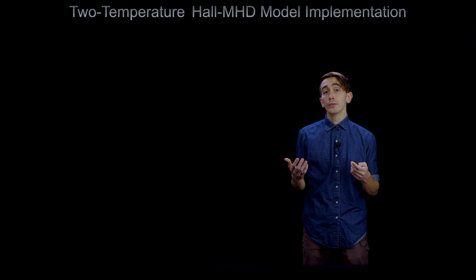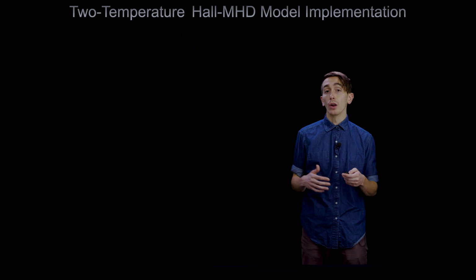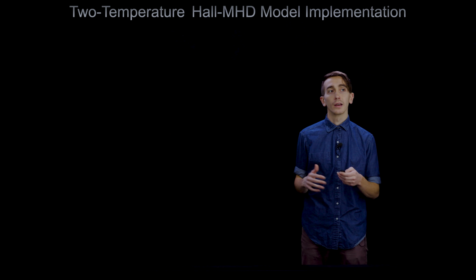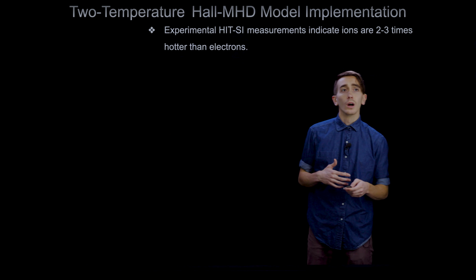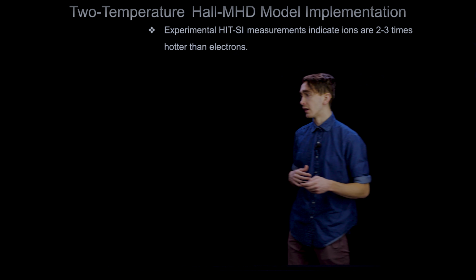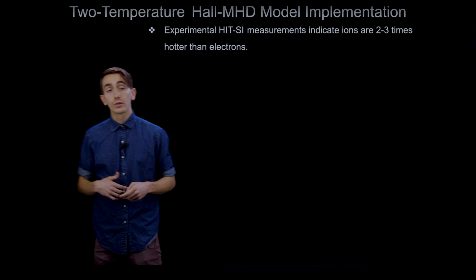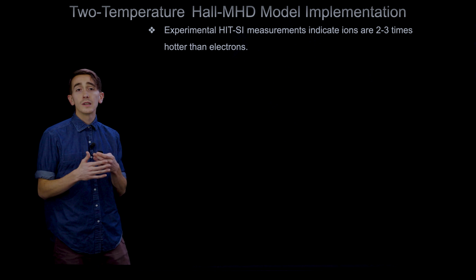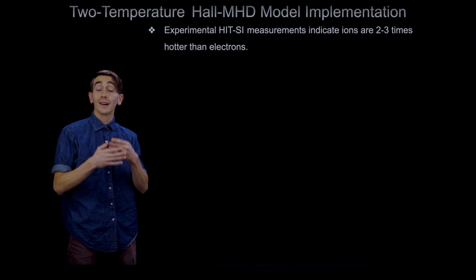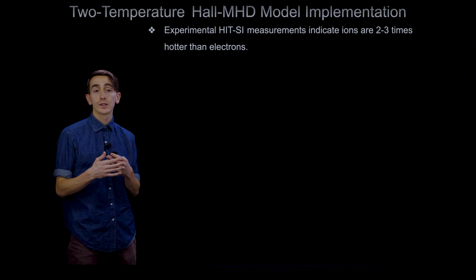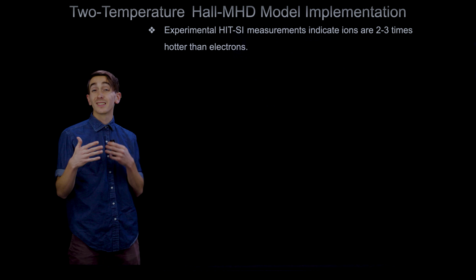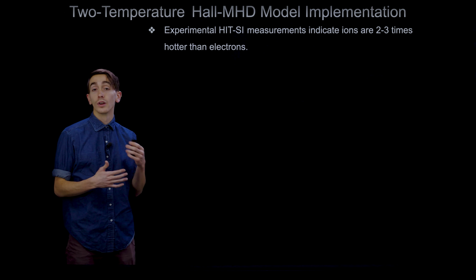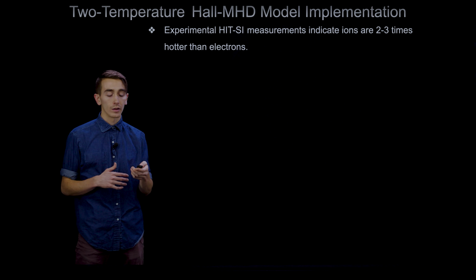So let's briefly go over what the two-temperature Hall-MHD model is, and then I'll show you what HIT-SI looks like. Experimental HIT-SI measurements indicate the ions are 2 to 3 times hotter than the electrons. What this means is that if you're evolving a single temperature evolution equation, you're missing some of the dynamics in the plasma, which experimentally are leading to the ions heating 2 to 3 times hotter than the electrons.